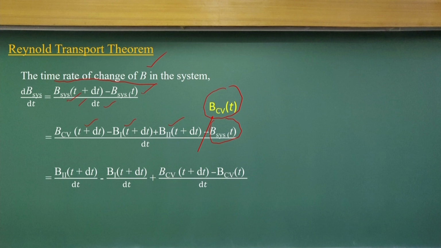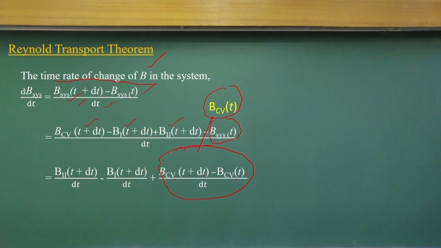So, I replace this value from the system to the control volume level. If I do a rearrangement of these equations, I will get one part at the control volume level, which is B control volume at t plus delta t minus B control volume at t, by dt. That means it is the time rate of change happening at the control volume level, as the definition indicated.